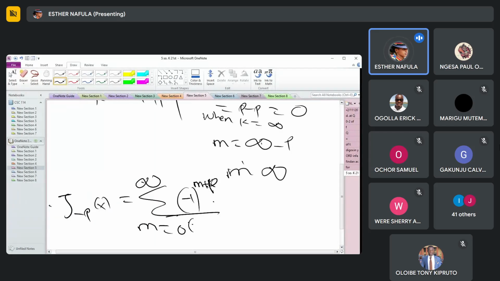What is k? m plus p. So we have m plus p factorial. What do we have here? Gamma of k minus p plus 1. What is k minus p? m. So m plus 1. We have x over 2 raised to 2k minus p. Our k is m plus p, so 2 times m plus p, minus p.